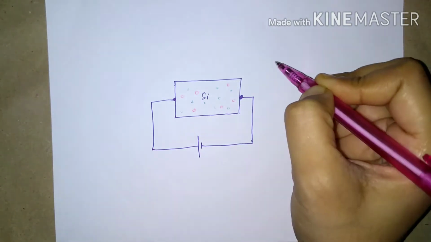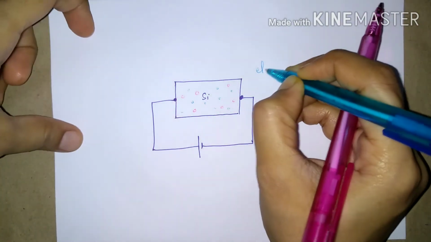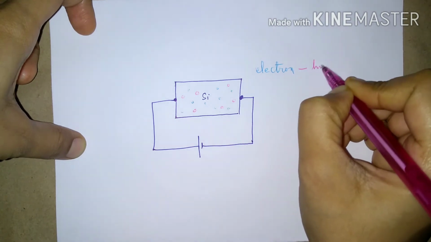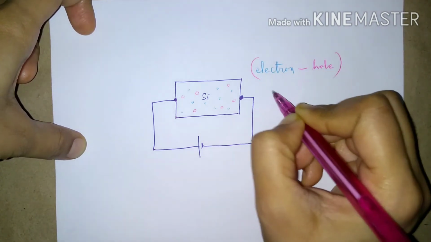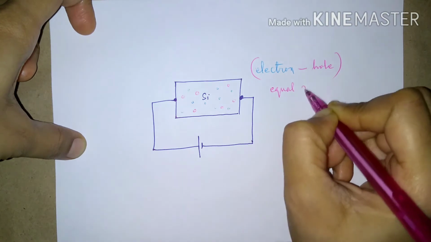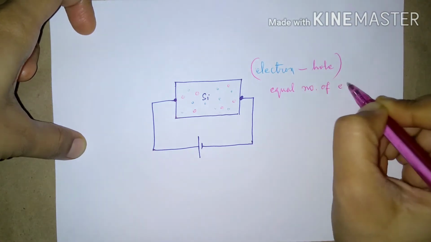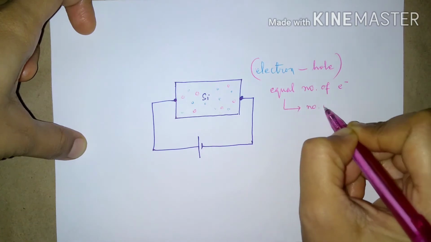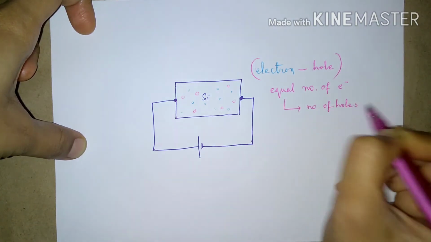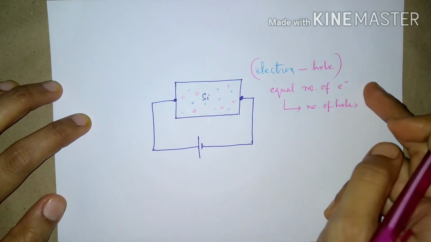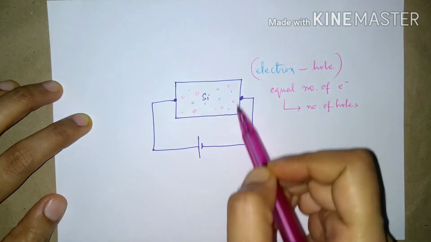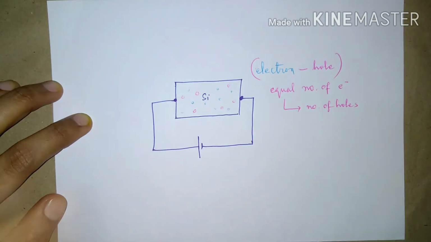Whenever an electron is coming out of its bond, automatically a hole is getting created. So there are equal numbers of electrons and holes. If 10 electrons are getting created, 10 holes also will get created, because in pure silicon there were no extra electrons, no holes, nothing.